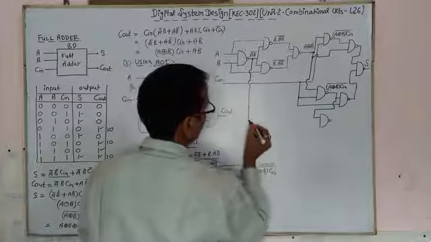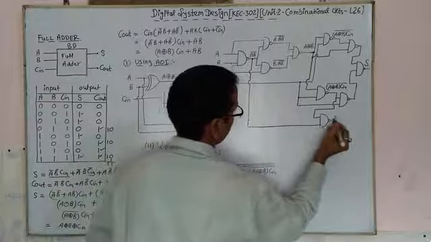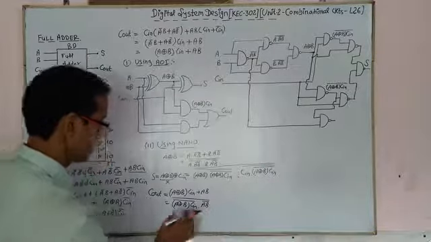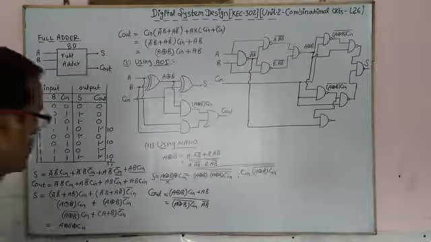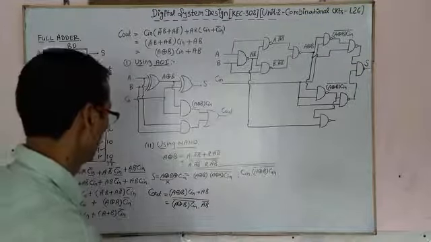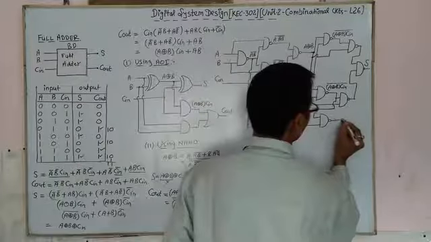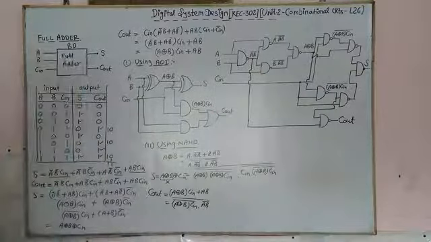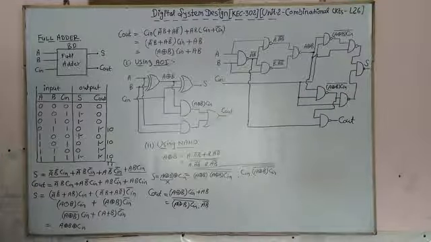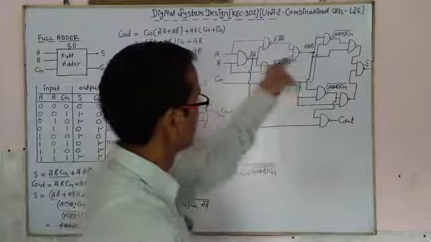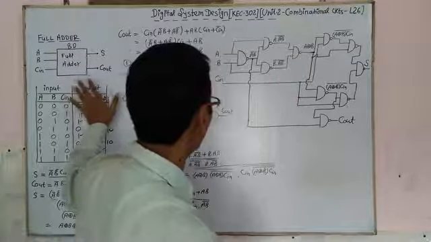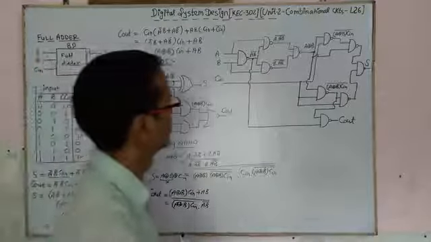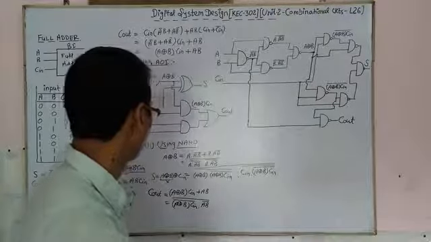Here we are getting Cout. Now you can understand how we are designing this full adder using NAND gates. So I hope everything is clear.